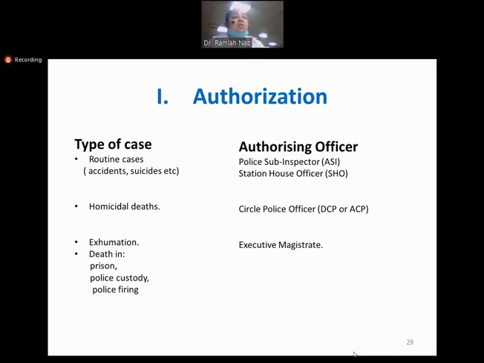Police can only request the coroner to conduct the autopsy, and the coroner is the one who gives the order and performs the autopsy.